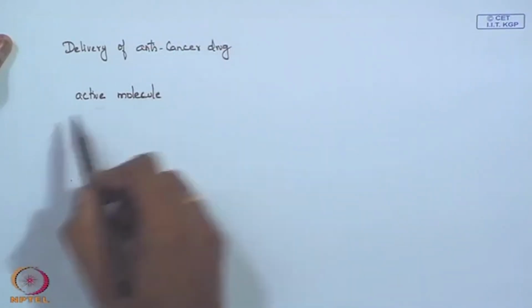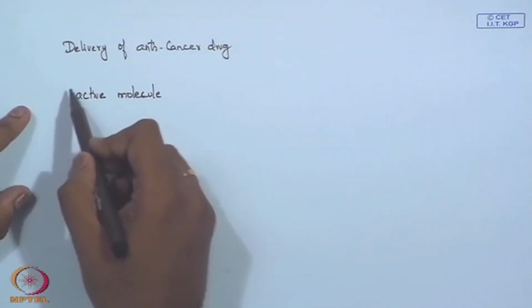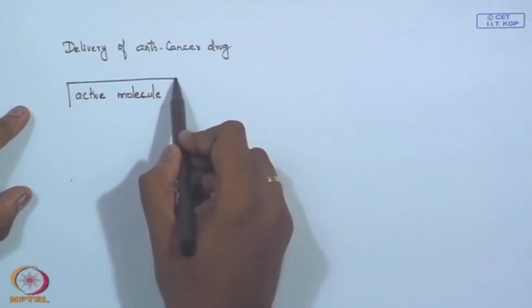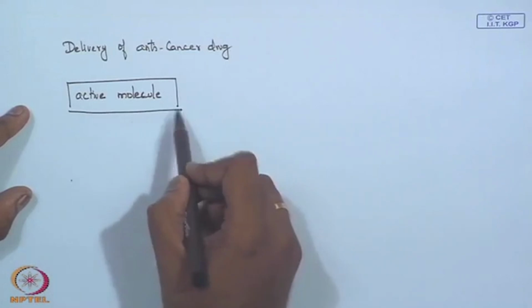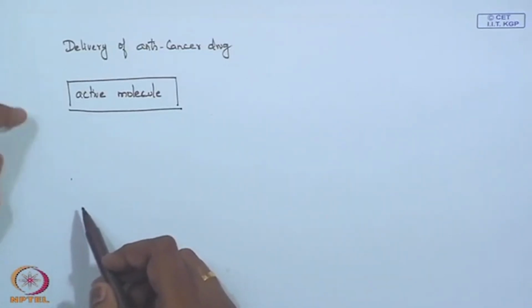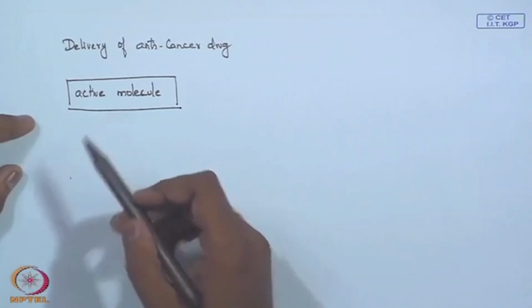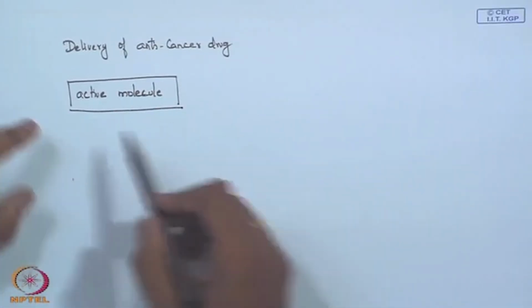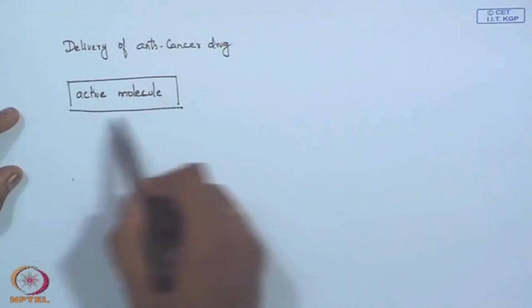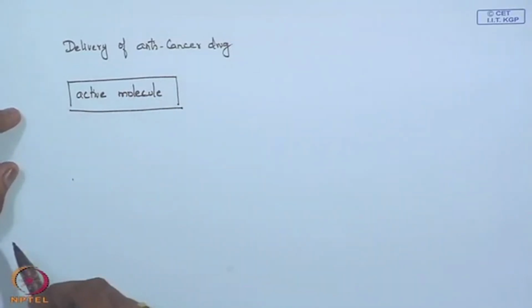So, that anti-cancer drug is my active molecule. There are many anti-cancer drugs available in the market, right, which have activity, basically chlorambucil, camptothecin, like, okay. So, this will be my active molecule. So, that is my anti-cancer drug.